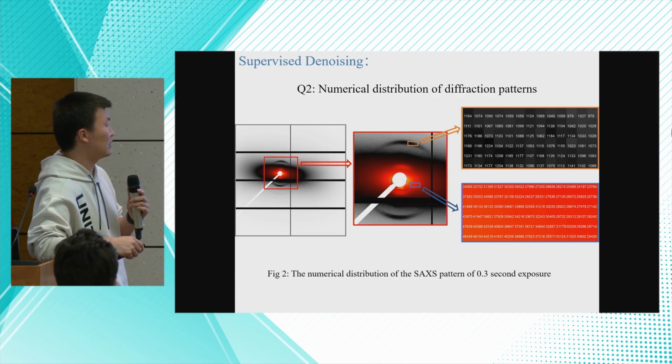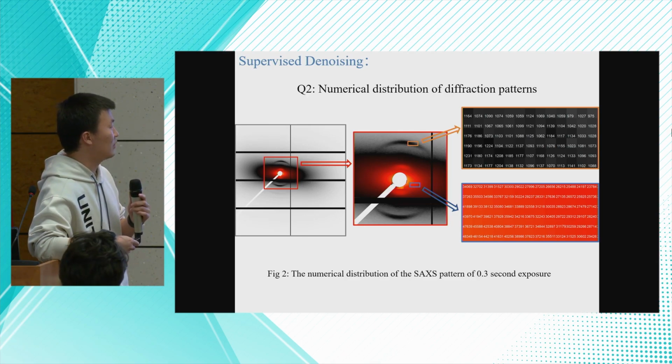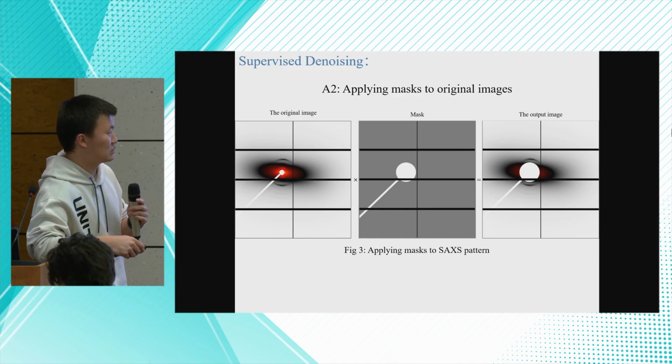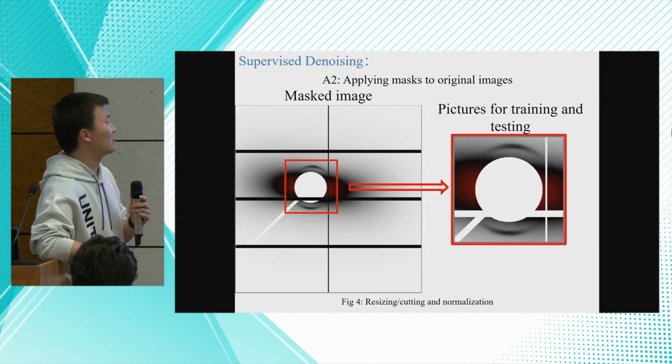So we thought about why not use a square root or even a log on the data, but we found it didn't perform well, so we took a very straightforward way. We just use a mask to put all these pixels to zeros, and these images are still too large for the neural network, so we just cut them directly.